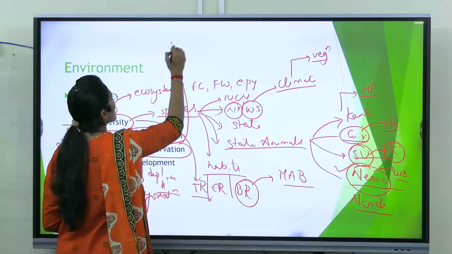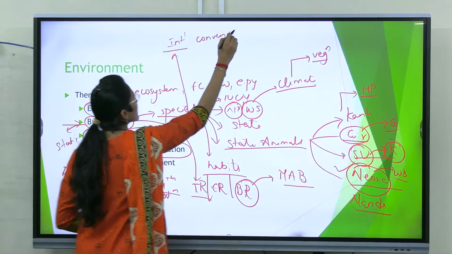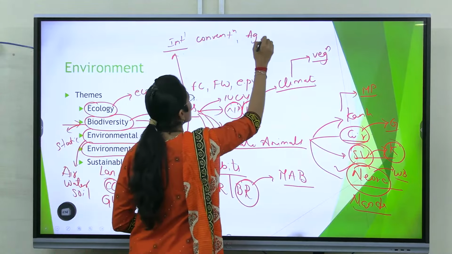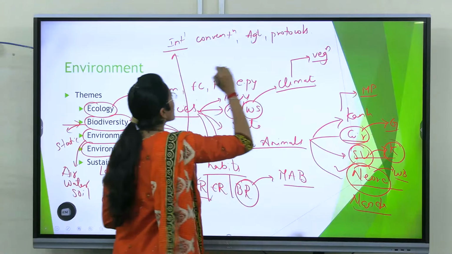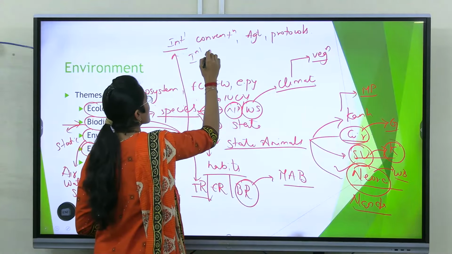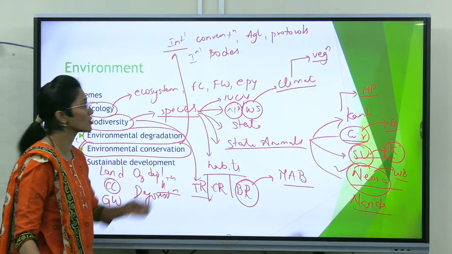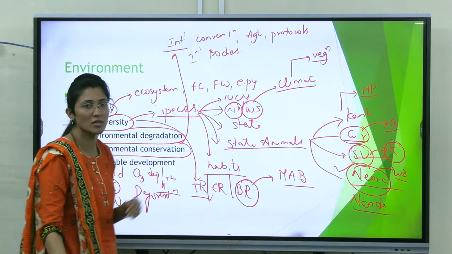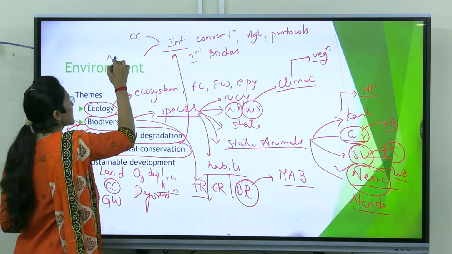This talks about international conventions, agreements, protocols, and international bodies involved in environmental conservation. So when you're talking about international conventions, you have climate change related conventions and non-climate change related conventions.